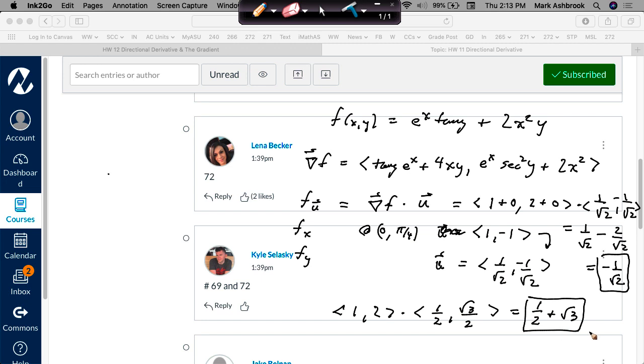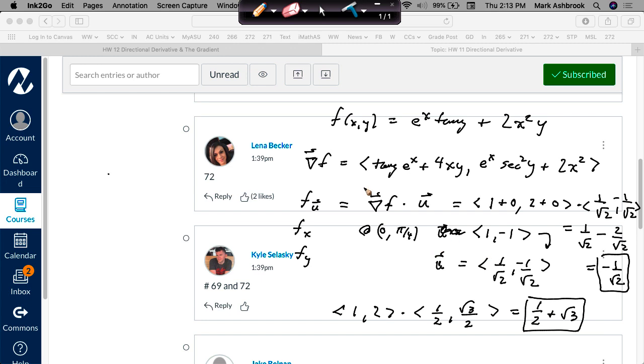Okay, which direction from 0, pi over 4 should you go to get the max rate of change? What's the direction of max rate of change?